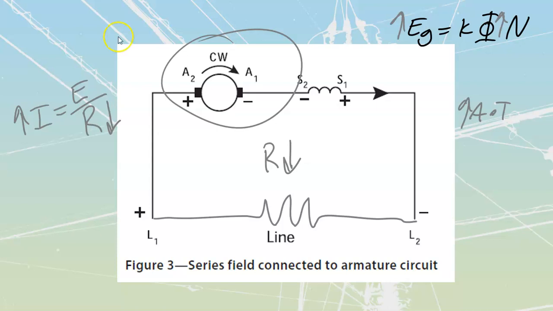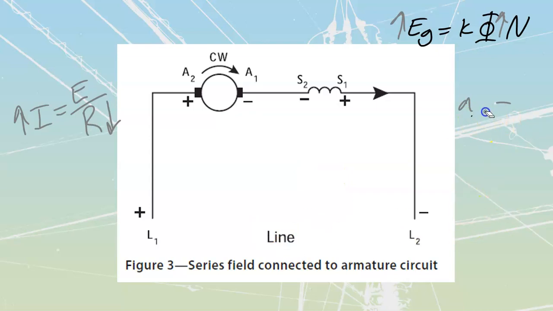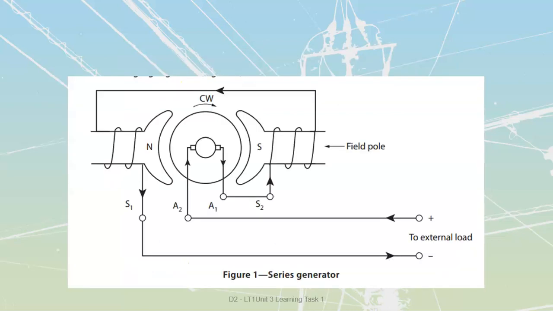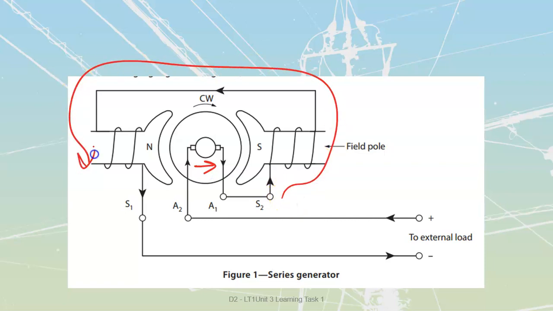Going back to this one over here, the last thing we want to look at is the connection. We're going to compare that to the connections from my previous learning task number 2. In learning task number 2, we had the same connections shown, with the A2 and the A1 and then my loads, and they show that current is going through from 2 to 1 and from 2 to 1 over here.